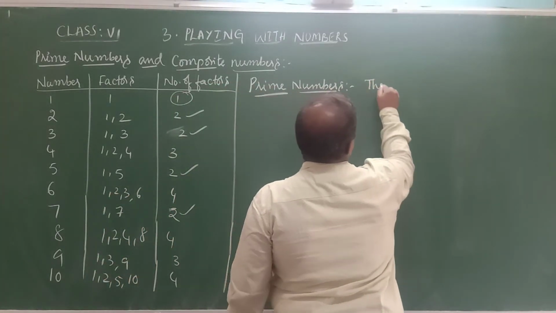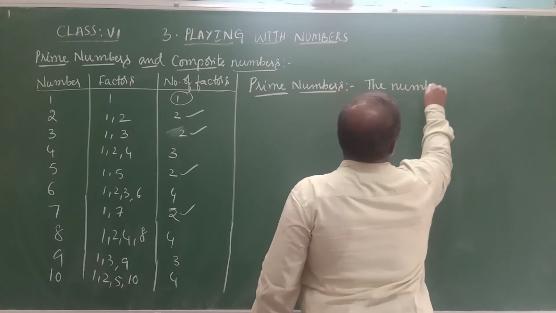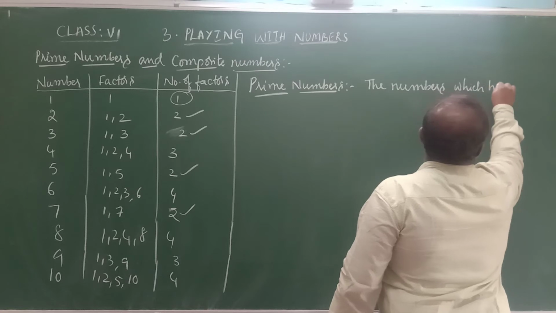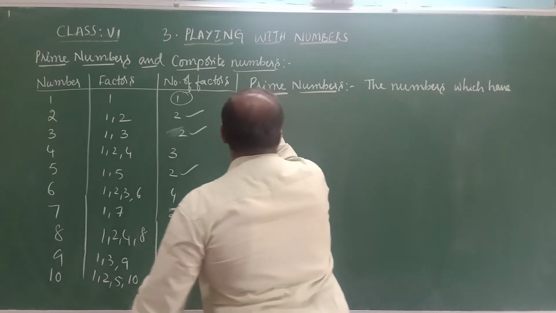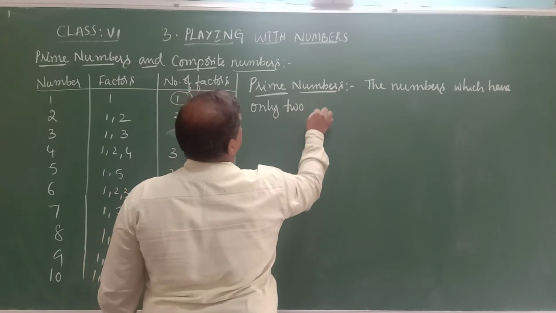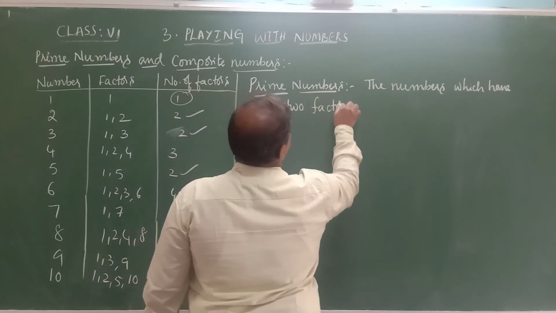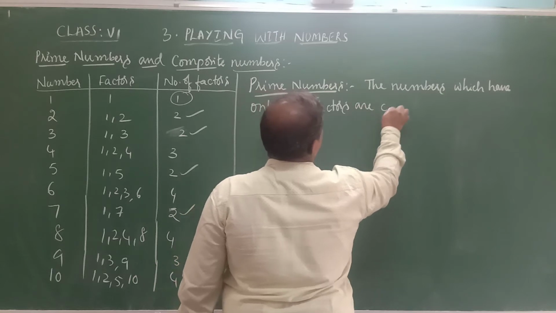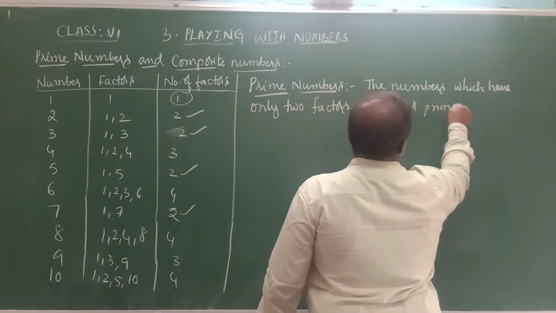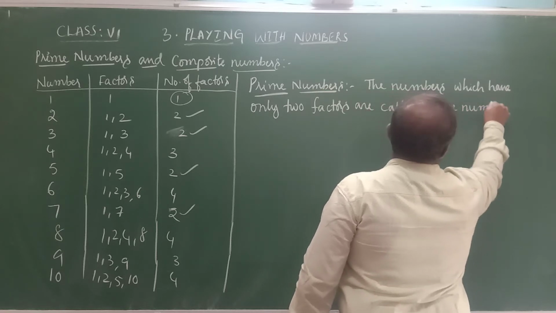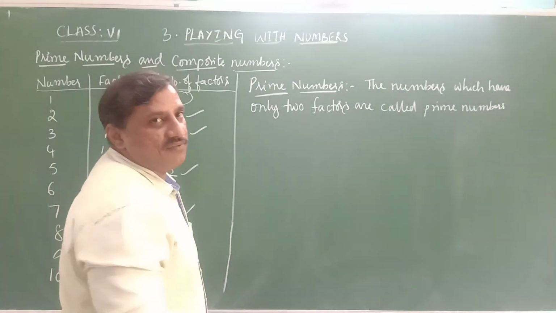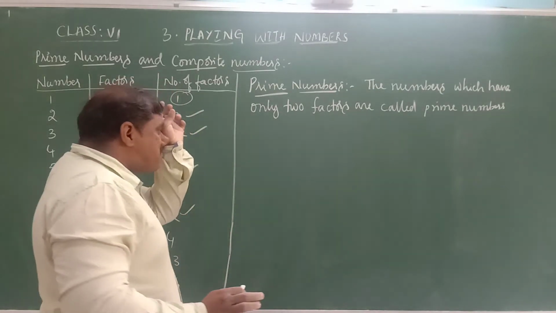The numbers which have only 2 factors are called prime numbers. So what are the 2 factors? That is 1 and itself. 1 and itself are called prime numbers.